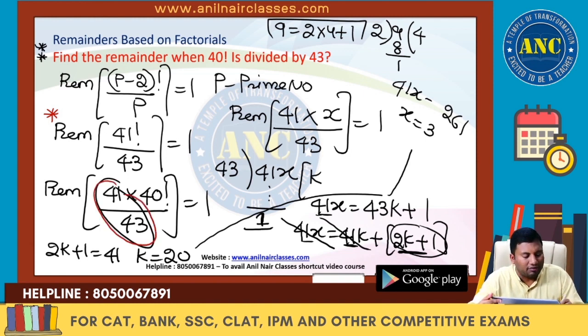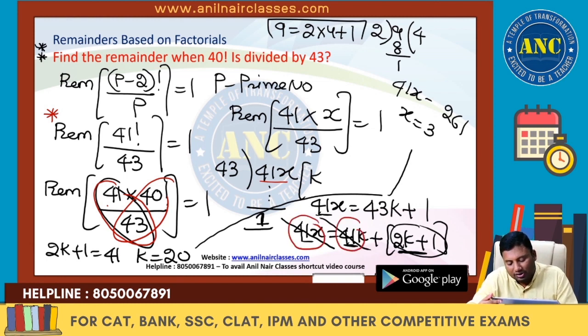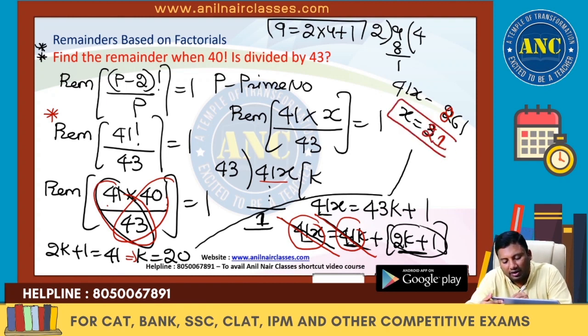So 40 factorial by 43 is x. 41x by 43 is 1. 41x is 43k plus 1, which is 41k plus 2k plus 1. Divisible by 41, so 2k plus 1 is 41, k is 20. If I substitute k as 20, 43 into 20 is 860 plus 1, 861. So x is 21. X is 21. I hope the idea is clear.